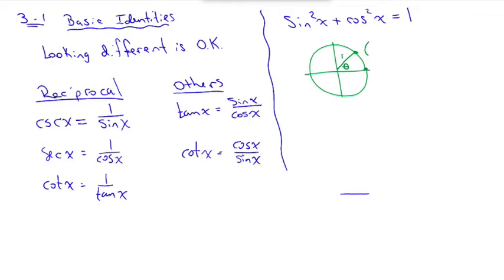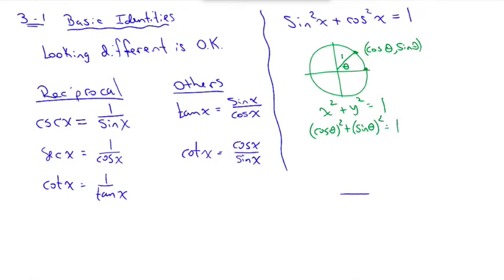Unit circle definition of trigonometry: the x-coordinate is cosine of theta and the y-coordinate is sine of theta. And the equation of this circle is x squared plus y squared equals 1, because it's a unit circle. So if I substitute the x coordinate in here, you get cosine theta all squared plus sine of theta for the y all squared is equal to 1.